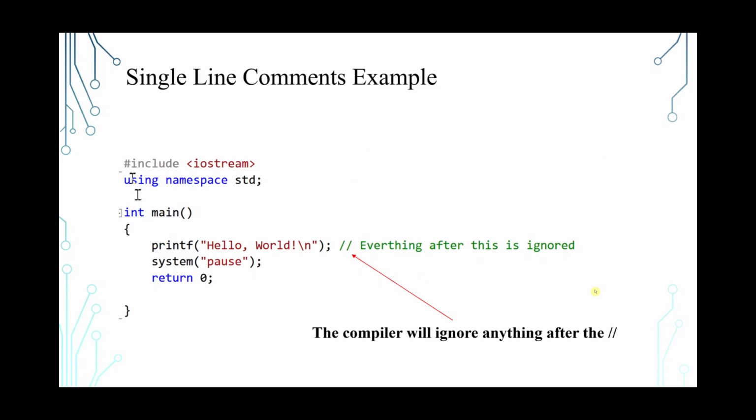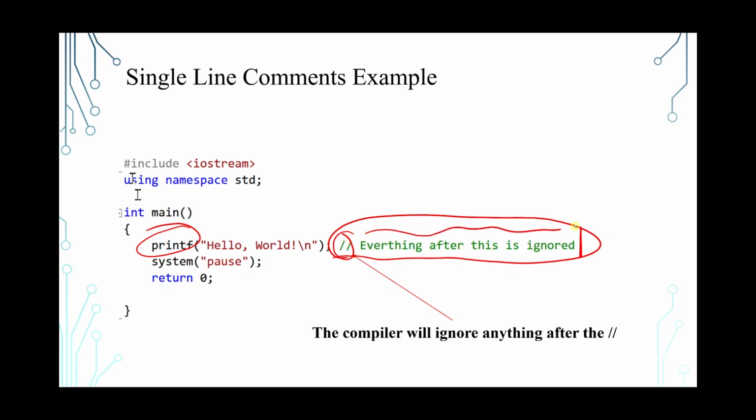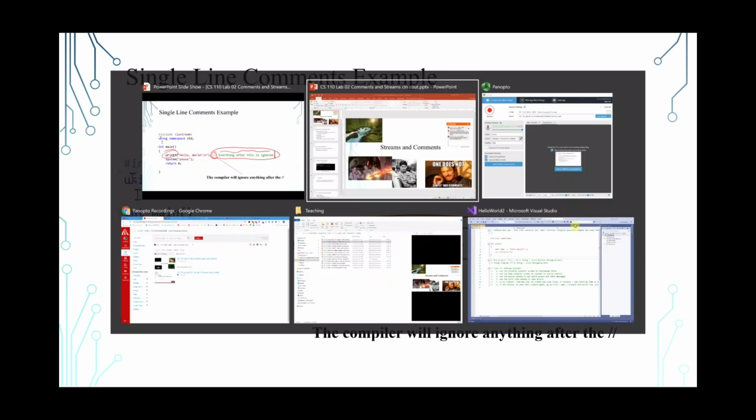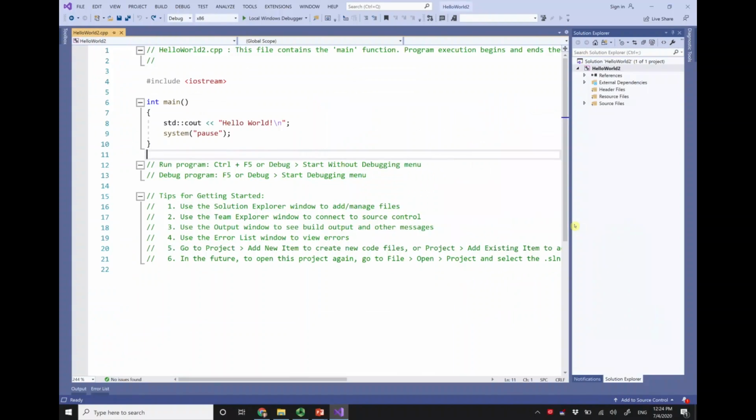So a single line comment example. If you have printf or cout and you have a comment, 2 forward slashes and anything after is ignored. Let me just show you how that is done. So we have cout, which is printing to the console. Cout hello world.